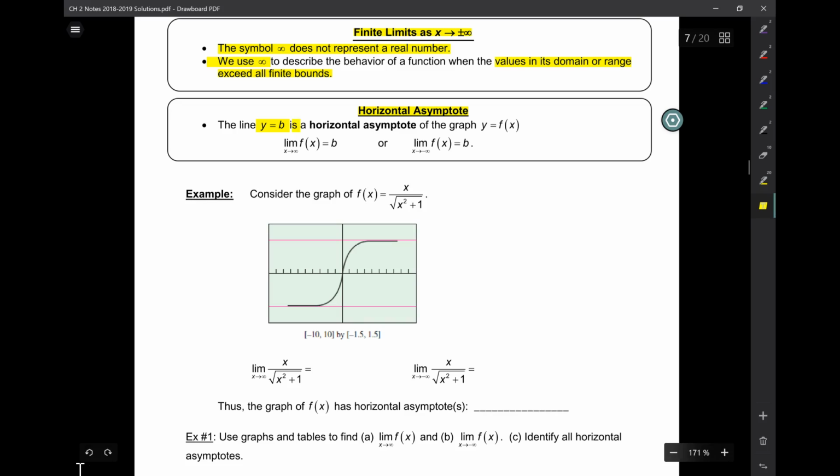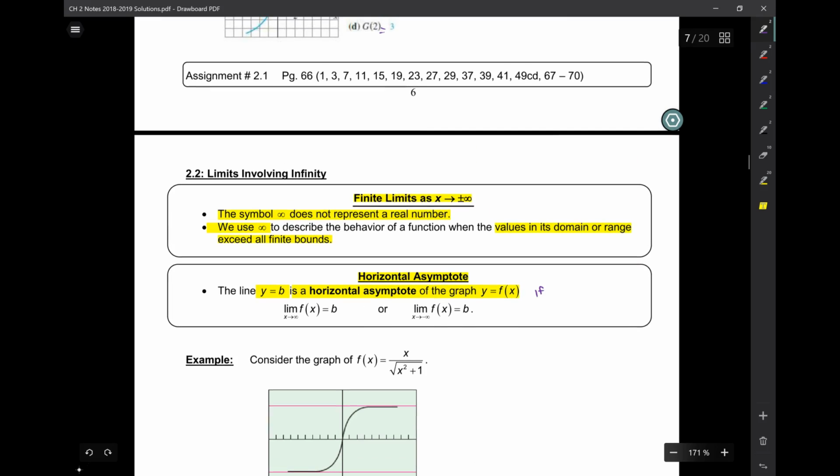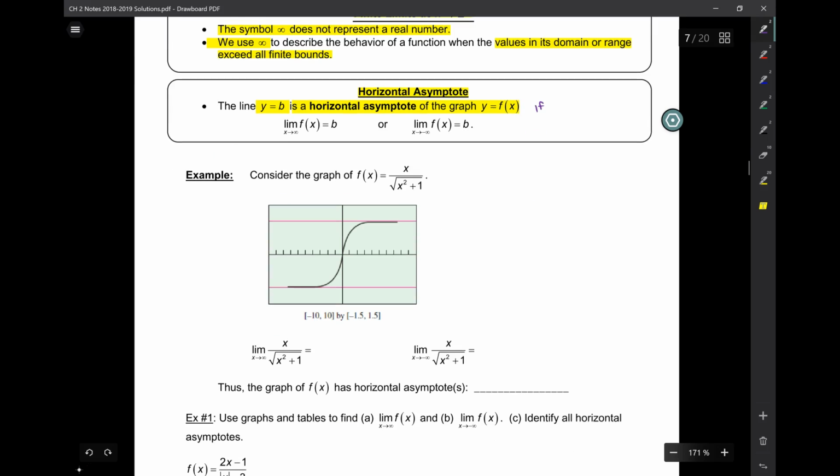And it's a horizontal asymptote if the limit of f of x as x approaches infinity is b. So what does that mean? As x approaches infinity, f of x takes on the vertical value of b, then y equals b is a horizontal asymptote.